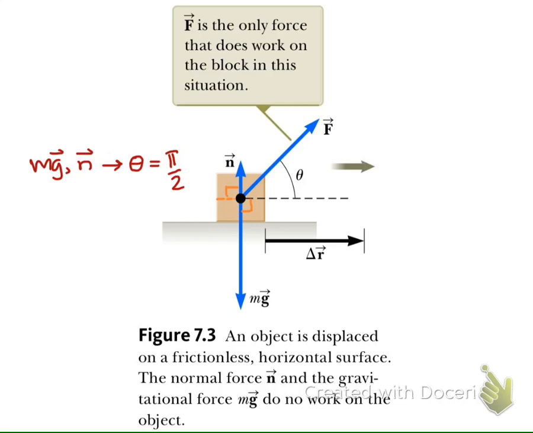So if theta is equal to pi over 2, we have that cos theta is equal to cos of pi over 2, which is equal to 0. So it means that there is no work from the force that is perpendicular to the displacement.